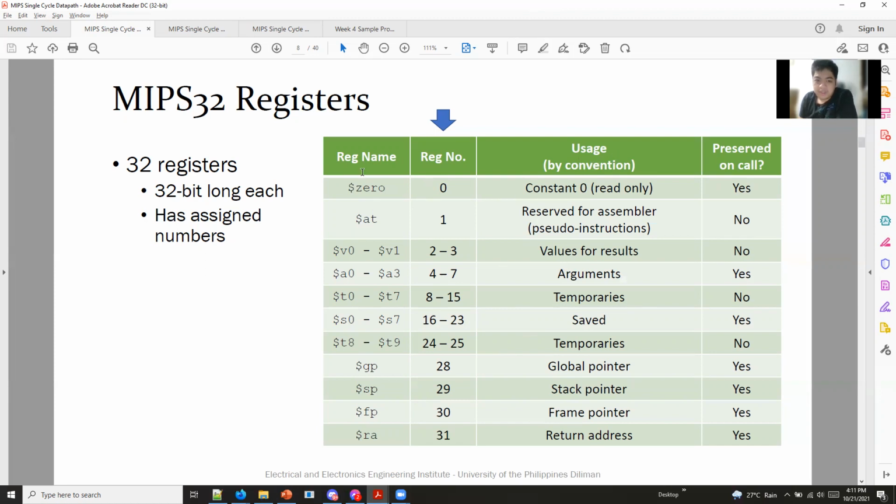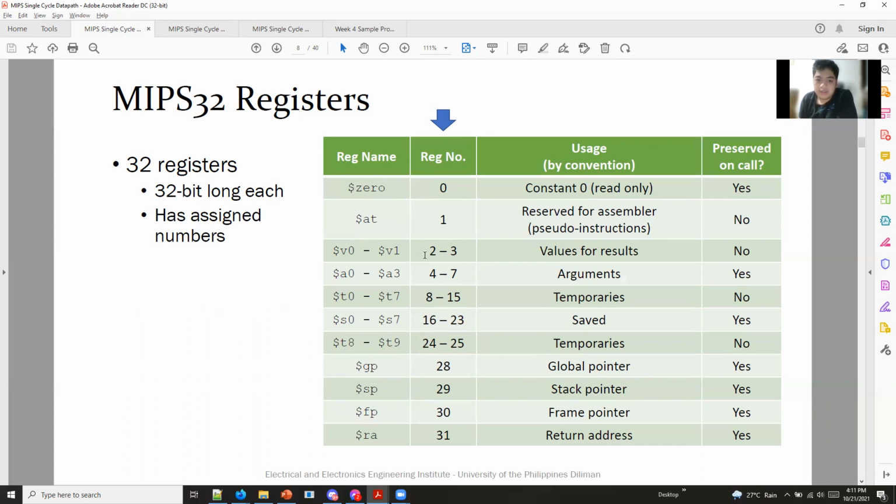Although, except for the 0 register, lahat sila ay pwedeng sulatan mo as the programmer. So ito, mga convention lang naman. So for example, si $at or register number 1 is reserved for the assembler for pseudo instructions. So wag dapat siyang galawin.